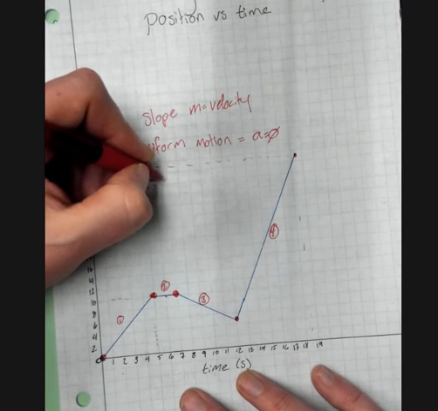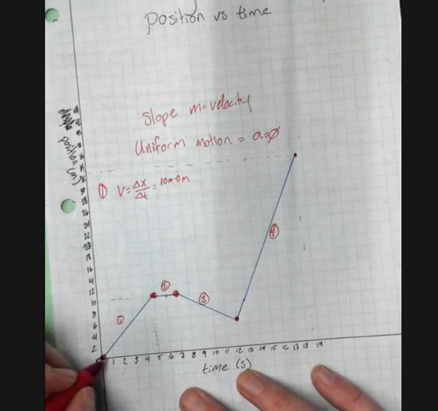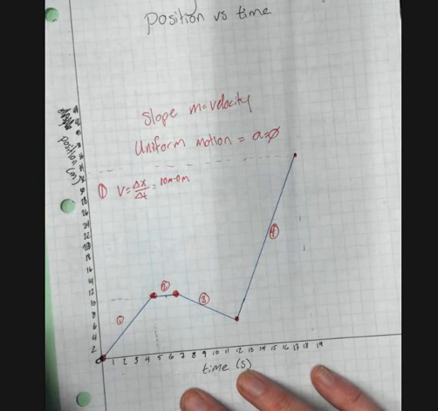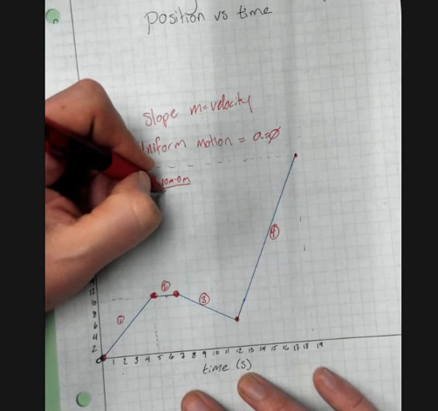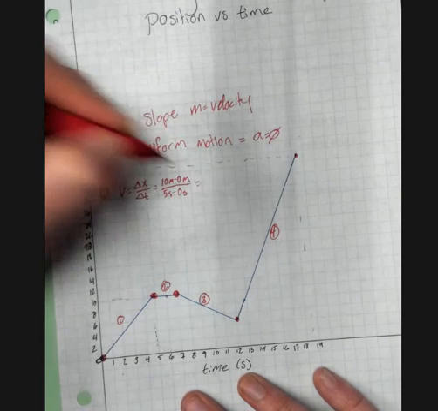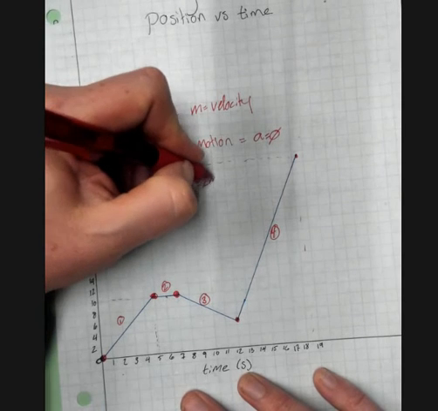Delta x is 10 meters minus 0 meters. I chose this position and this position. I could have also chosen any of the positions in between. It just so happens I wanted the simple one. And that's 5 seconds minus 0 seconds. So for the first situation, our velocity is 2 meters per second.